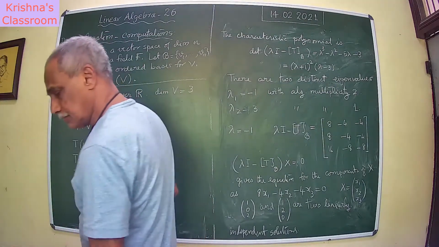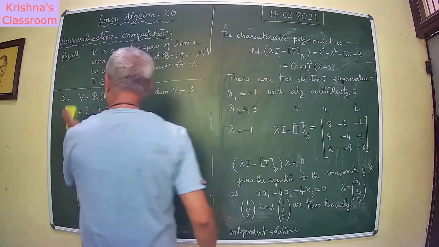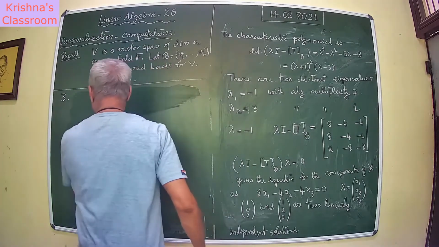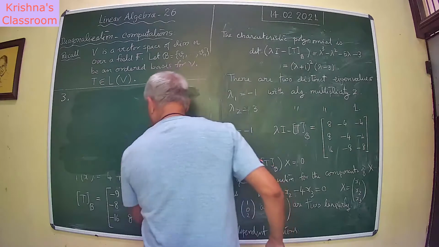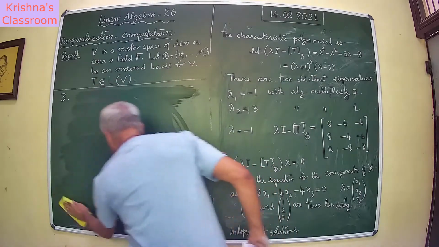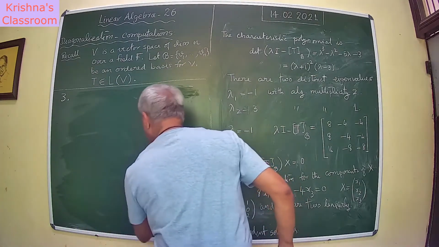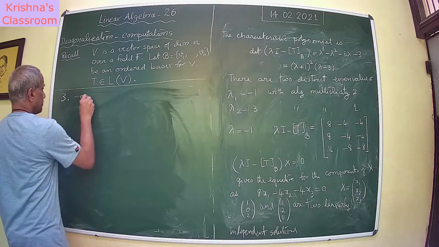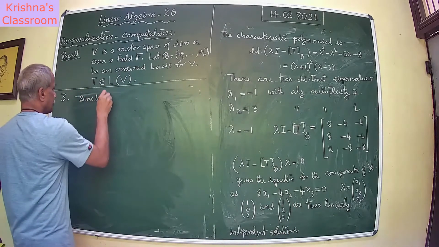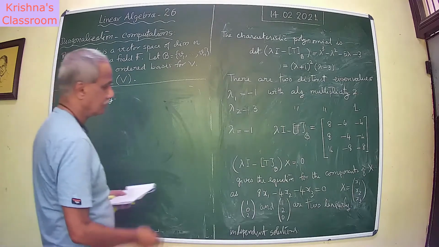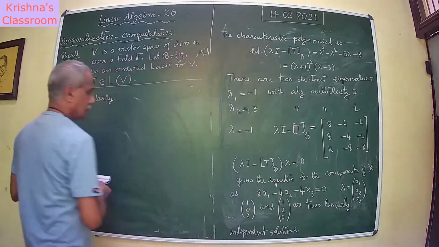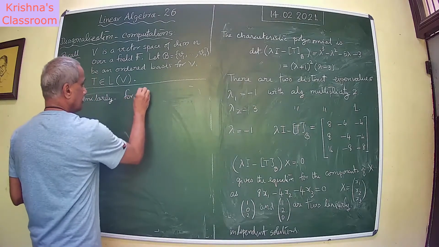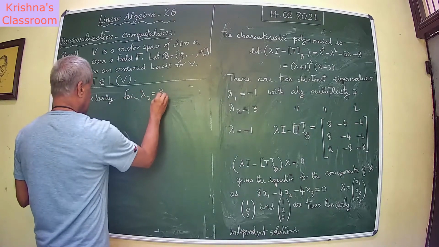Similarly, we work out the eigenvector corresponding to the other eigenvalue, 3.